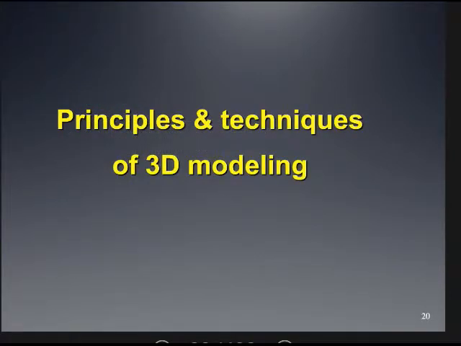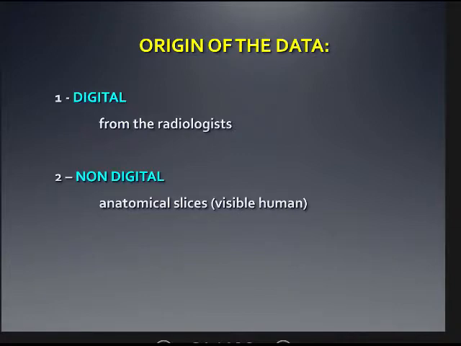What are the principles and the technique of the 3D modeling? First, what is the origin of the data? The data are first digital from the radiologists, CT and MRI, and non-digital, this is the use of anatomical slices coming mainly from the Visible Human Project.